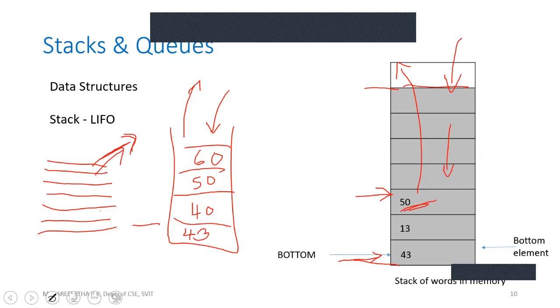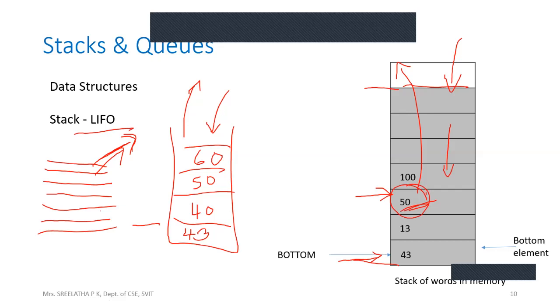So it is a structure called LIFO, last in, first out. Whatever element is put in last will be the first element to be taken out. This is the stack structure.